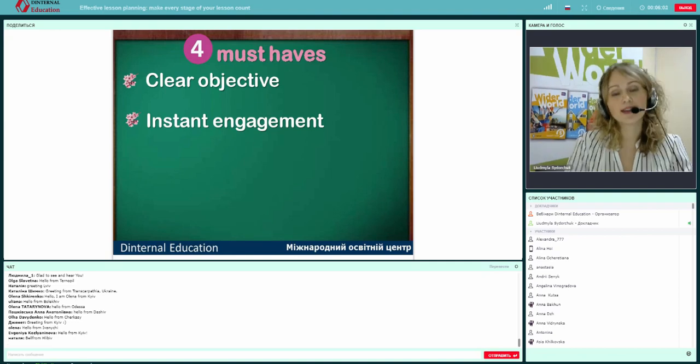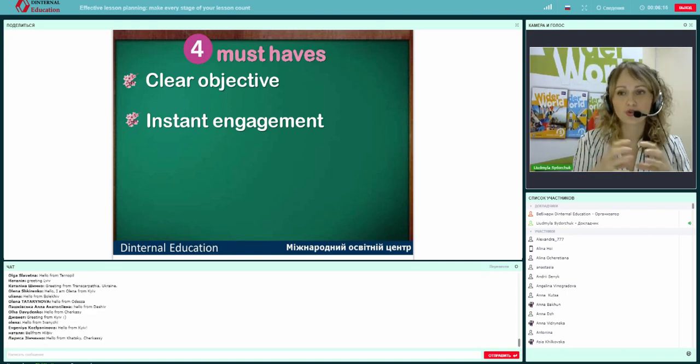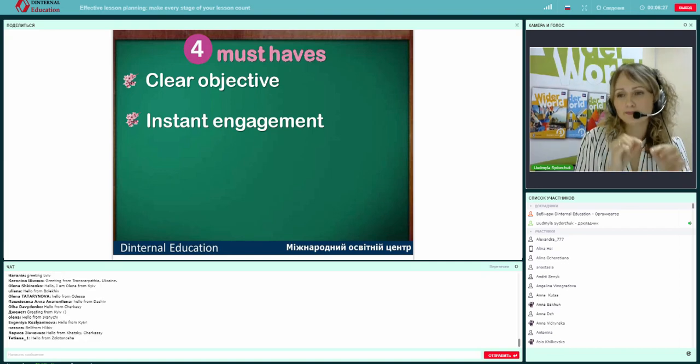Then, as the next must-have, as all of us here are teachers of English, we need to ensure that for 80% of the lesson students talk to each other. So it shouldn't be only our voice. Well, the voice of the teacher is important. We are to provide the instructions and make sure that we have all the stages in the lesson, right?